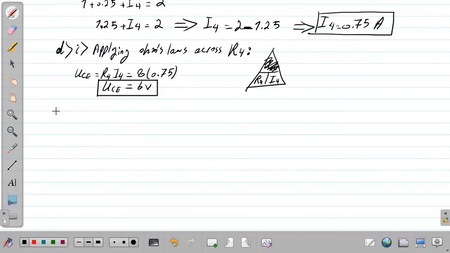And now we will apply the law of addition of voltages.